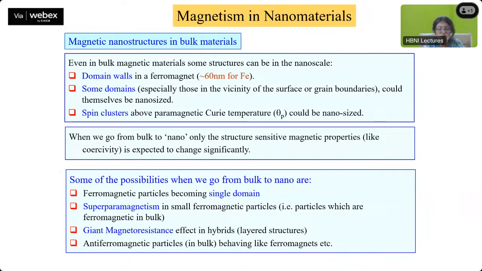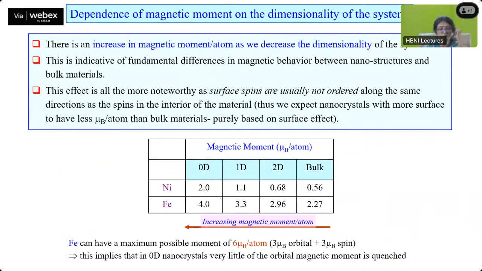Superparamagnetism occurs in small ferromagnetic particles. The giant magnetoresistance effect you see in hybrids, which are layered structures. And antiferromagnetic particles start behaving like ferromagnets. So these are some of the changes we see when we go from a bulk magnetic material to an actual nanomaterial. Apart from that, we also see some magnetic nanostructures in the bulk material, as I discussed earlier.